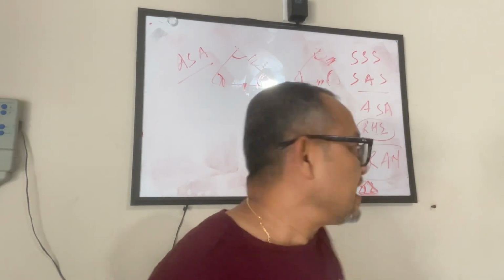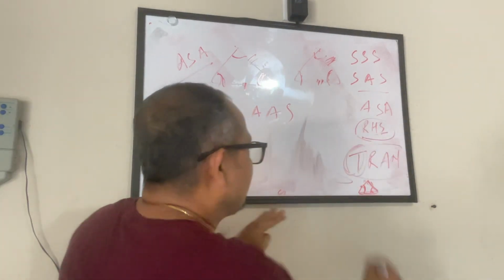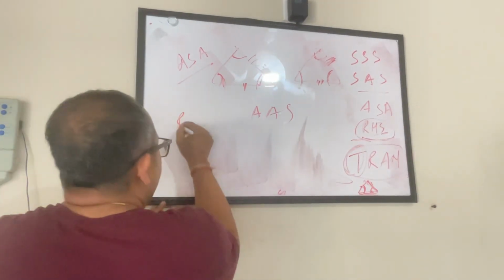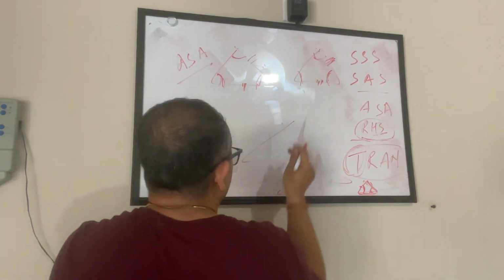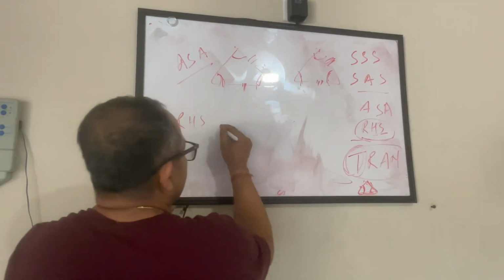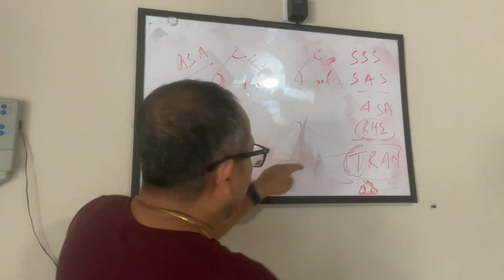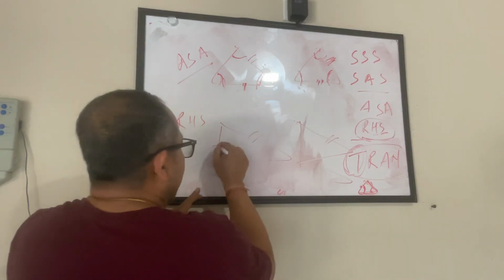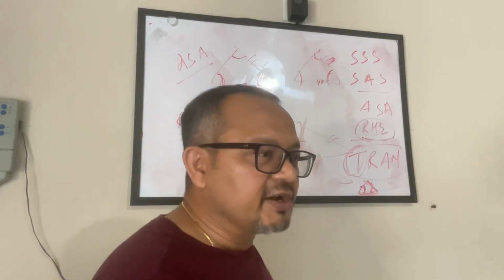Yeah? Now look at my second theorem that we already talked about. In case of RHS also, RHS says that if I have two right angle triangles and the hypotenuse matches and one of the sides matches, then they will be congruent. What did I say?